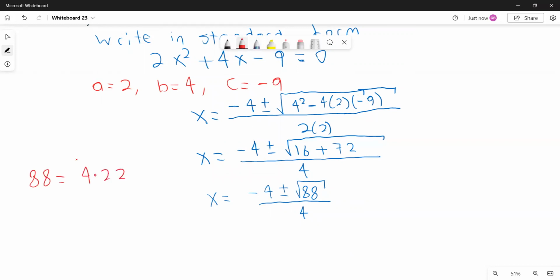Or I can just go ahead and write it as a square root. So this is square root of 4 times square root of 22.